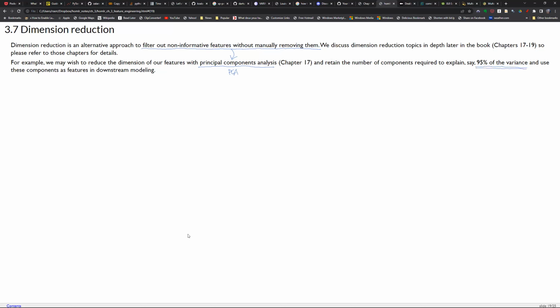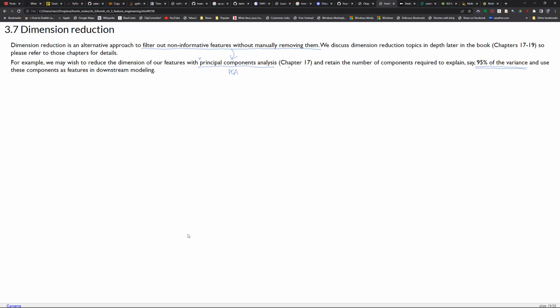Then the second has the second most variance, the third, and so on. So you're grouping the information that is going to help your model into a smaller number of components. But we're not going to discuss that; that's a whole topic for chapter 17.